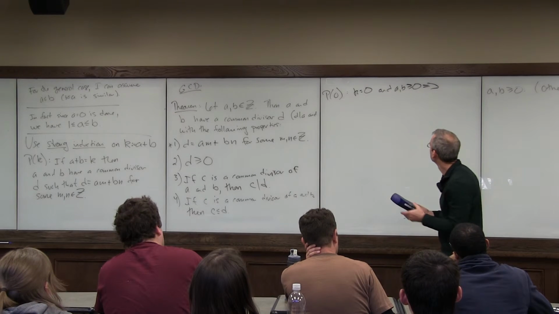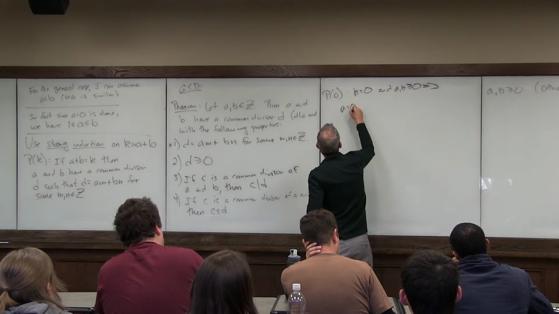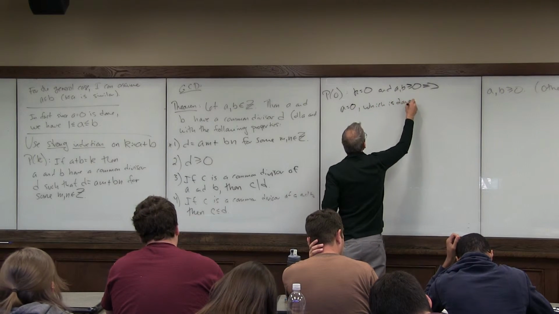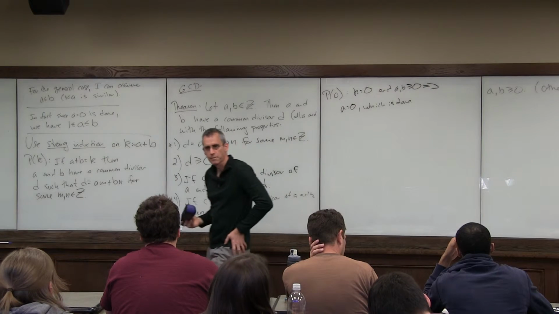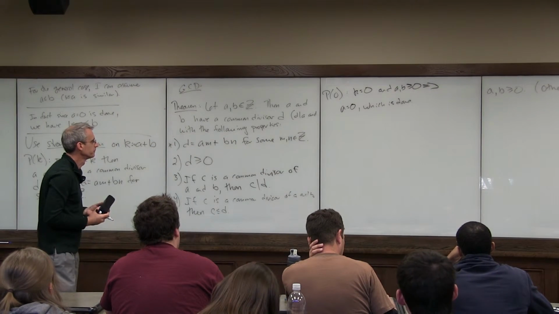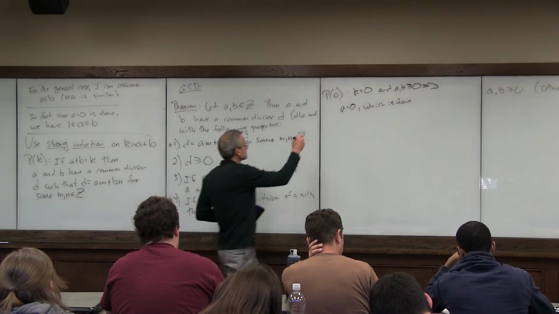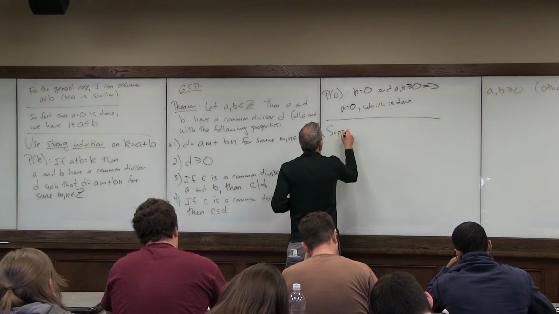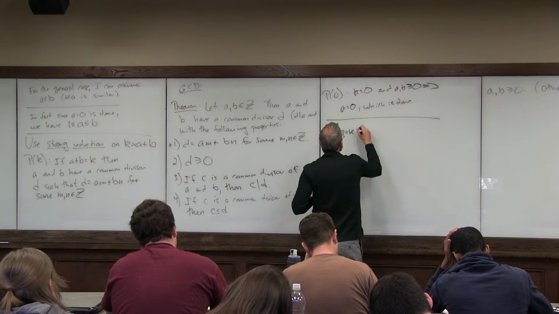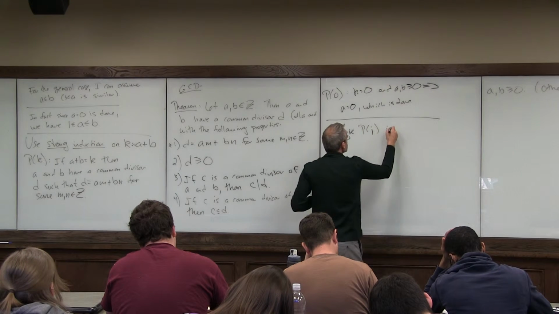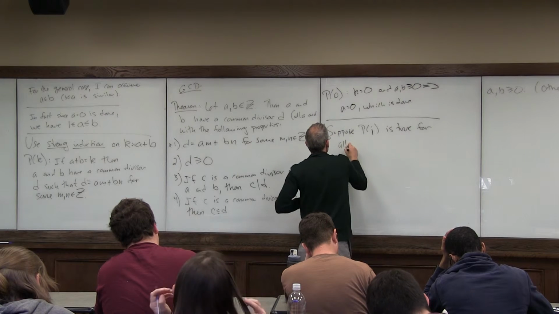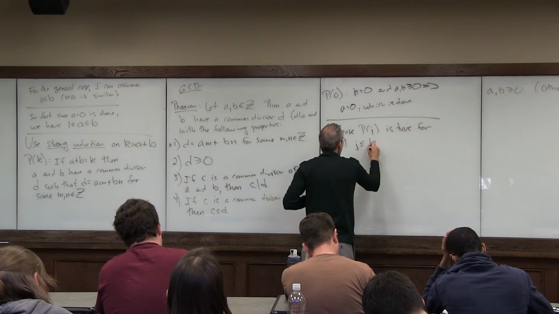A and B are 0. A equals 0, which is done. That was the case I already checked. Okay, so now let's suppose that P of J is true for all J less than or equal to K.